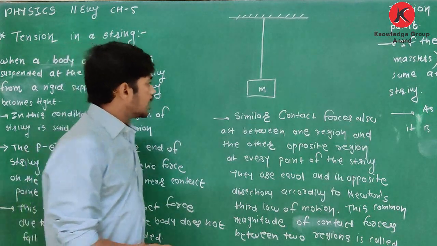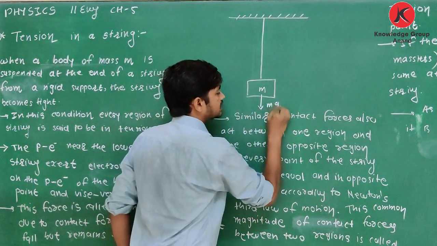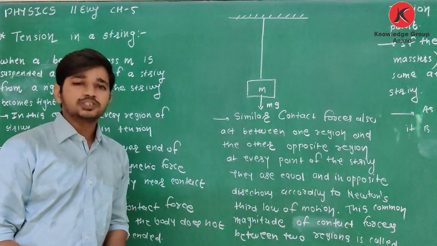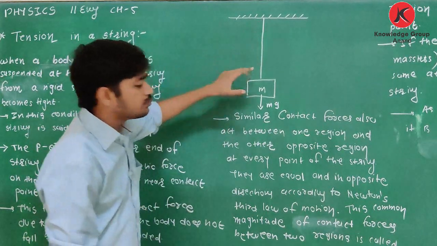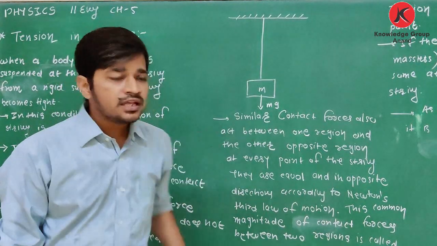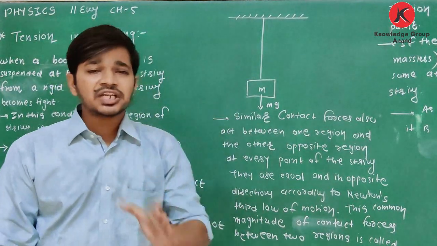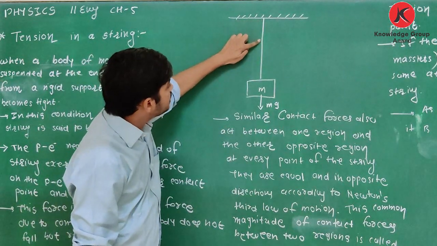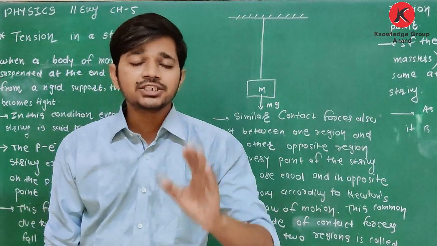Yes, we know that on this mass m, force mg is acting in the downward direction, and due to that, this string becomes tight. Yes or no? This string becomes tight, and when it becomes tight, we can say each and every region of this string is under tension.